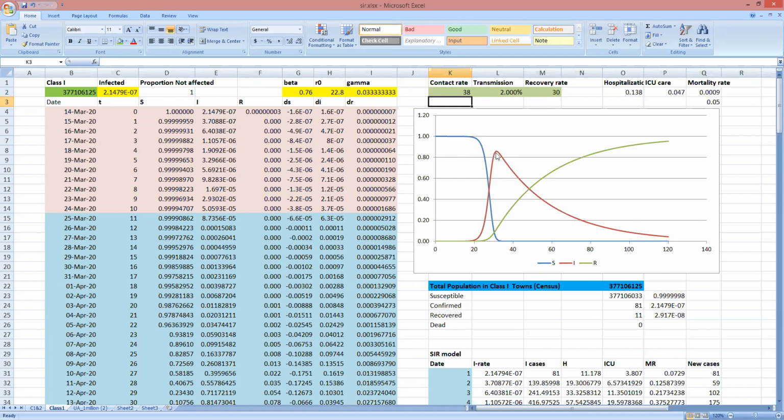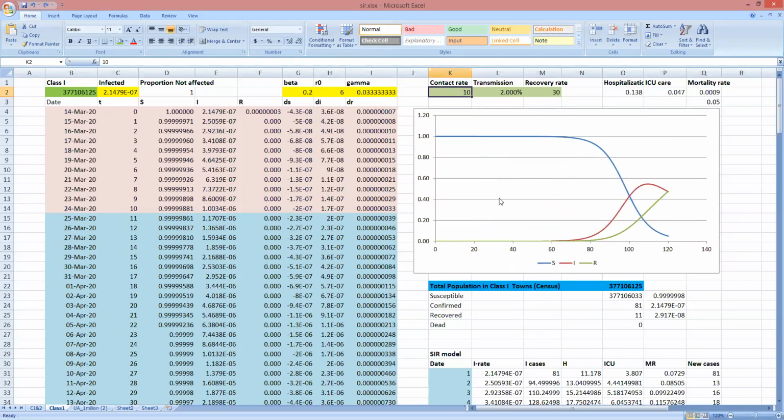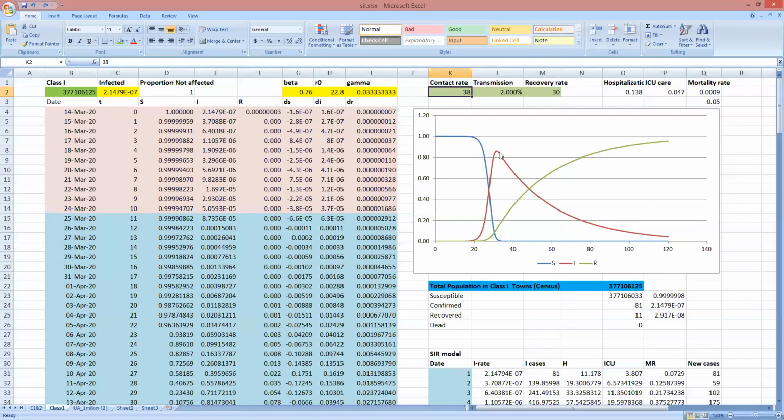The peak was very high, but it would have occurred very fast in April. Now, the peak will occur in June. But a good thing is, how many people will be affected? Only 50%. In the earlier case, it was how much? More than 80.